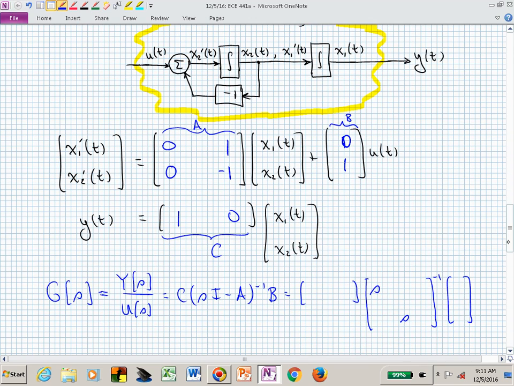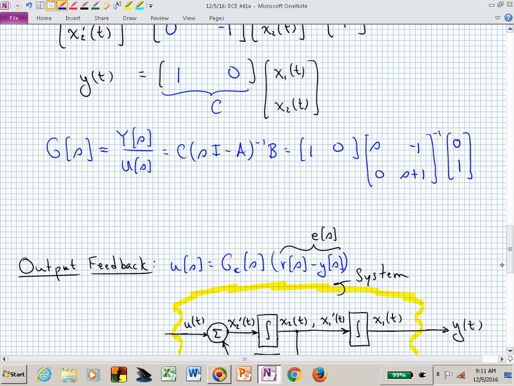And if we wanted, we could now fill in our C. C is now 1, 0. We have sI minus A, and if we subtract A from sI, we'll now invert that matrix and post-multiply that by B. And if you wanted to, you could then find that transfer function, which is now 1, 0 times the inverse of that 2 by 2, which is 1 over the determinant.